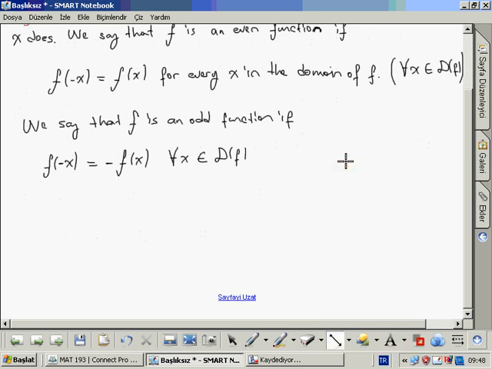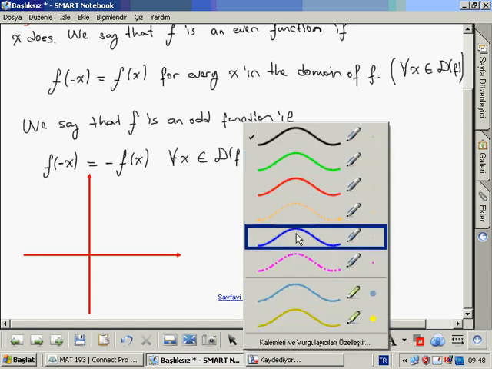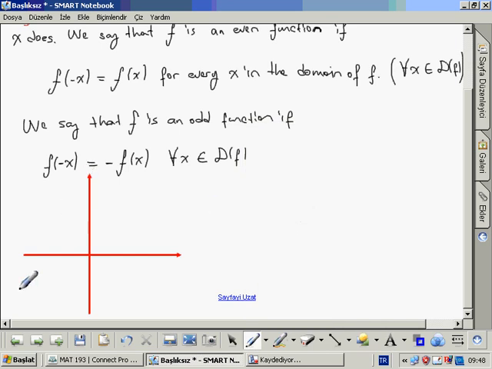And let's sketch a simple example about the even and odd function on the Cartesian coordinate system. For example, if your function is an even function, your graph will be like that.